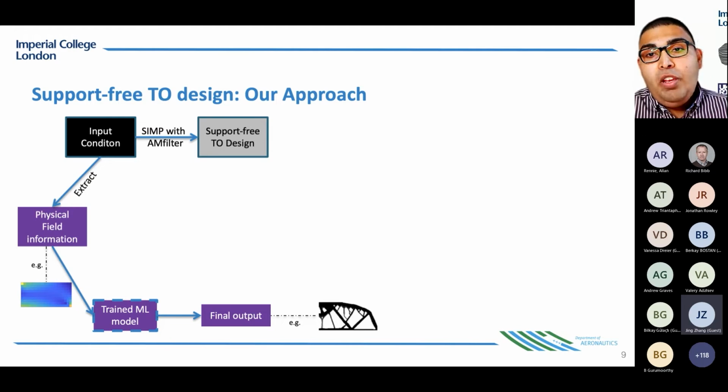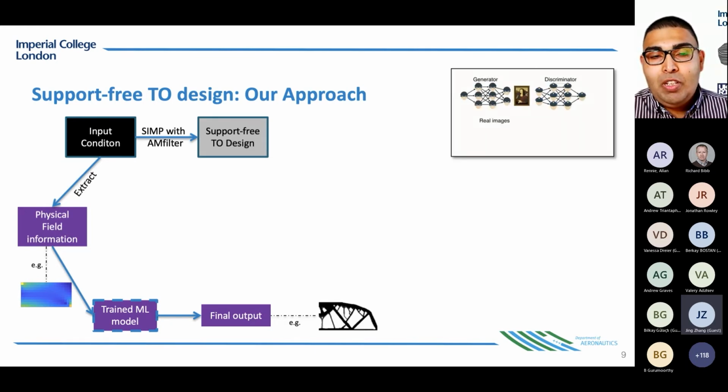Then we work through the purple colored boxes, which effectively tell us something about the physical field information about this problem. This could include things like stress information, strain energy plots. We run it through our machine learning trained model and hope to get a sensible result out, which is the one you see at the bottom.